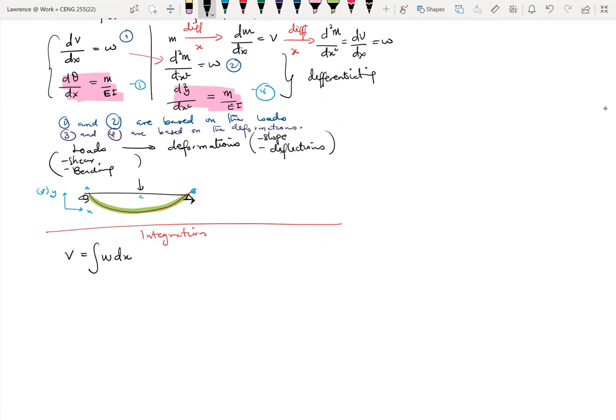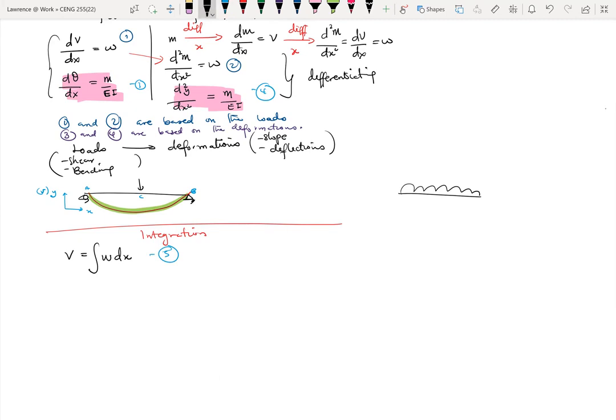If you integrate your load intensity, you get the shear. Okay. And that's like normally when you have a beam that has a UDL on it, you find the area of the UDL. All right, so it's the area under a curve. Integration is simply area under a curve. Okay. Then if I integrate equation, so let me call this equation 5.